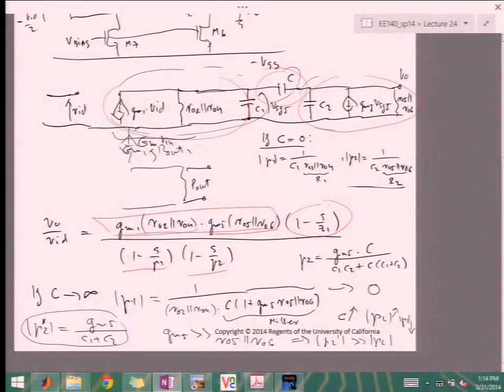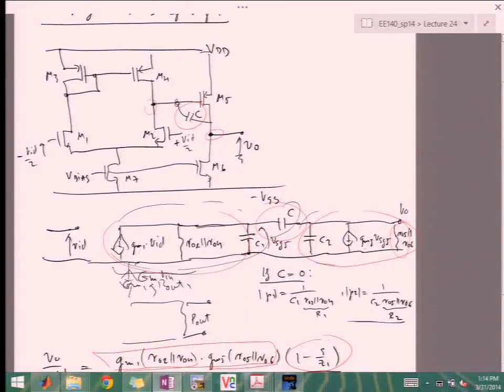If you look at the expression for P1, one way to interpret it is that there is a C times 1 plus the gain of the second stage, so that was GM5 and whatever is the output resistance. C times that is really the Miller cap that is reflected back right here.